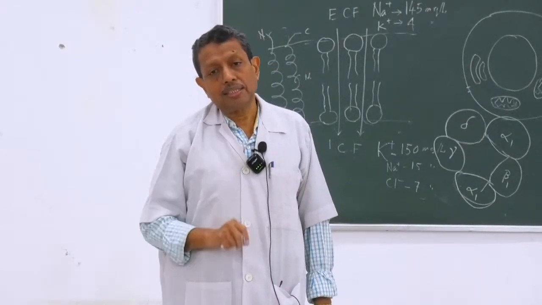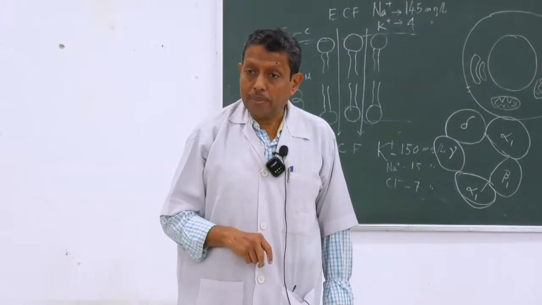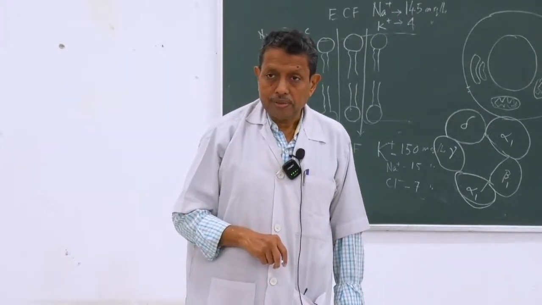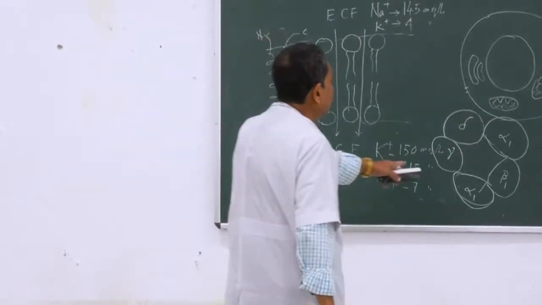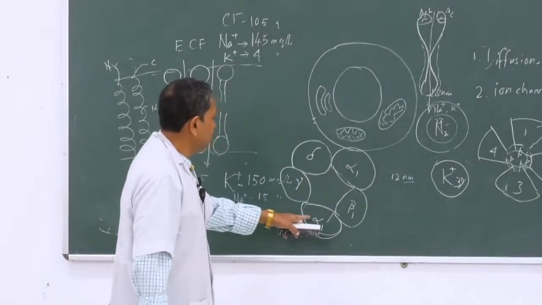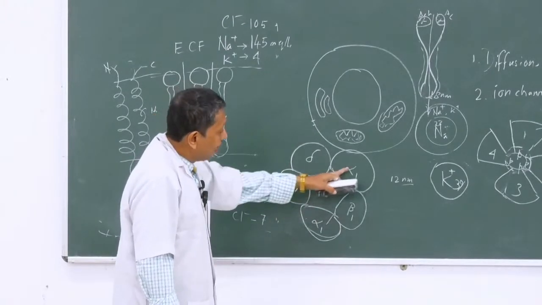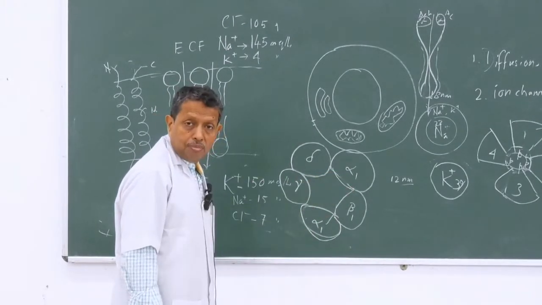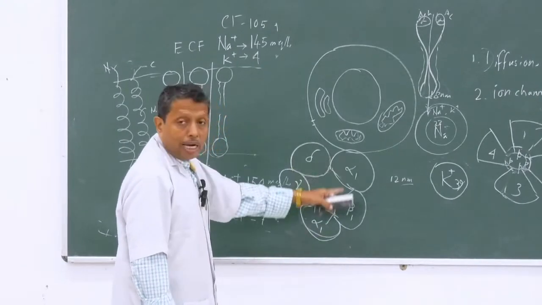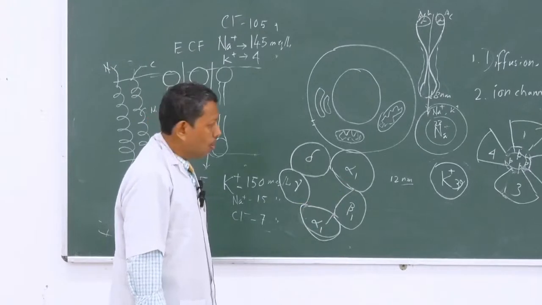Similarly, there are also other channels, and they form mainly pentamers. In this pentamer there are alpha, beta, alpha, gamma, delta or epsilon, and there may also be subtypes for different areas.